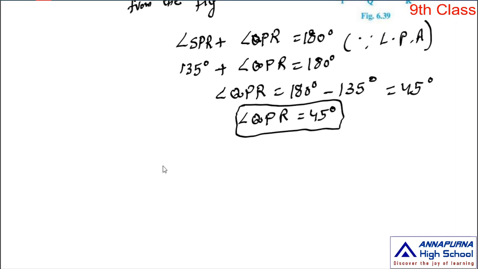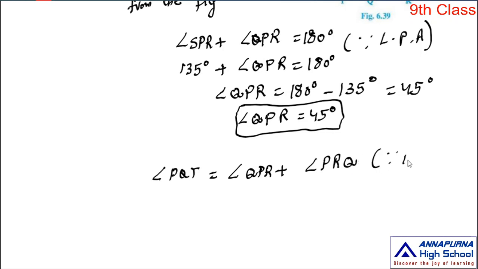One exterior angle is equal to the sum of two interior opposite angles. So angle PQT is equal to angle QPR plus angle PRQ.